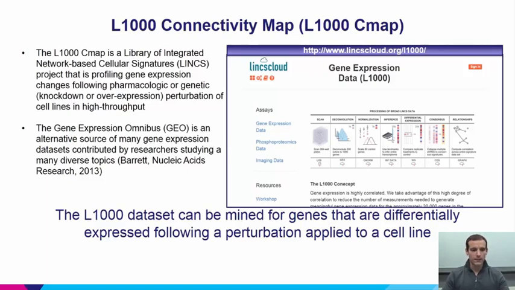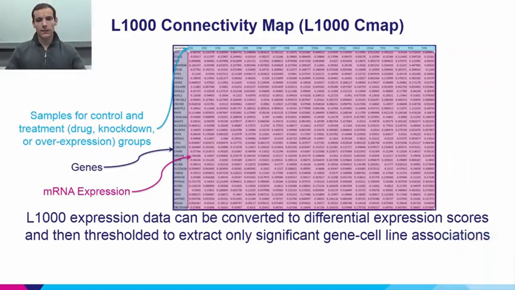In all these different cases, you can obtain a signature of what are the differentially expressed genes when you compare a particular perturbation to control. So this screenshot on the right is showing you where you can go to learn about and get access to the LINCS L1000 data.